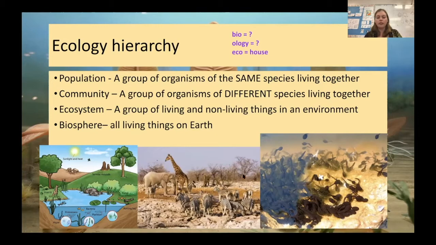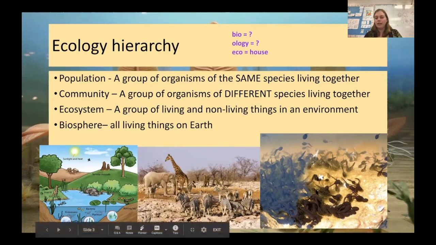If we look at these pictures here, you have a group of tadpoles living in a little pond. So which one of these words would this picture represent? Hopefully you are thinking population because these are all tadpoles living in an area. Here you've got giraffes and zebra and elephants, these trees all living in this area. So which word would this picture represent?